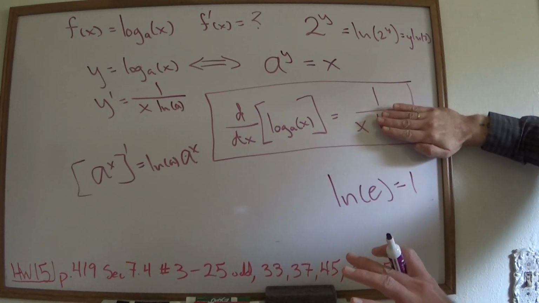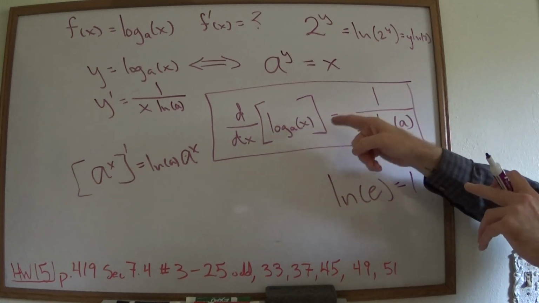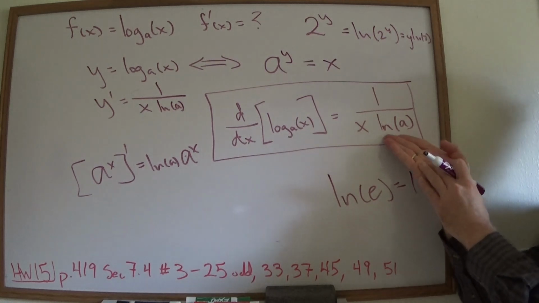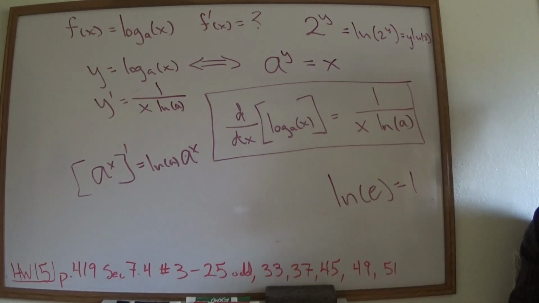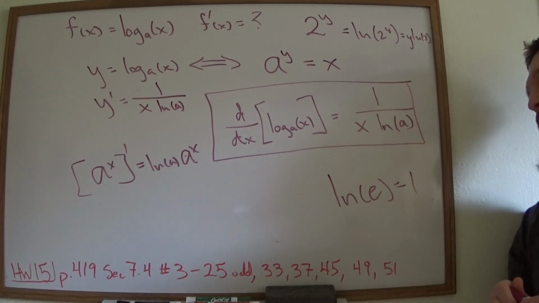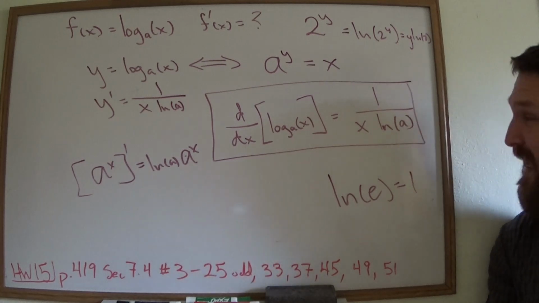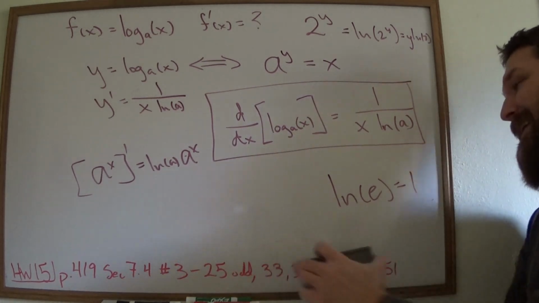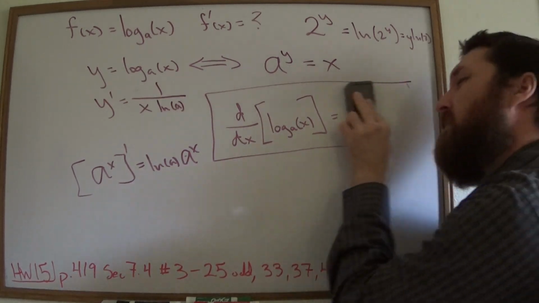Every other log has this property that its slope is not just 1 over x, it has this constant that you need to multiply by. And good luck trying to calculate what that constant is. You tell me, what's natural log of 3? You need a calculator. And so this one's natural. It's one of the reasons we call it natural.